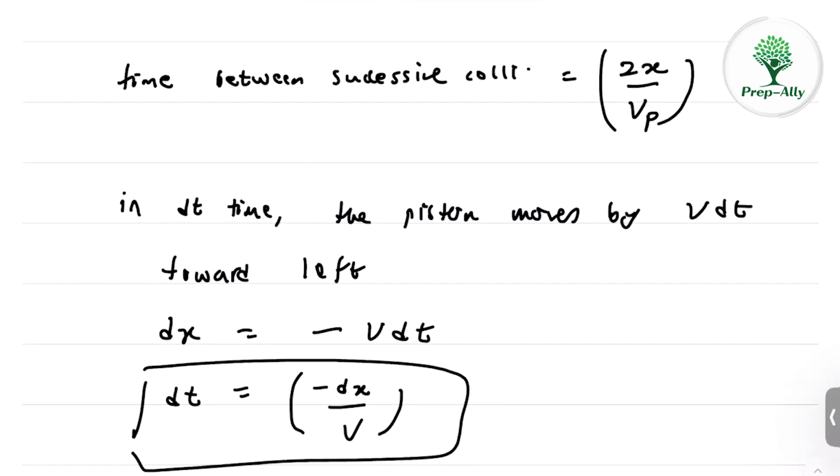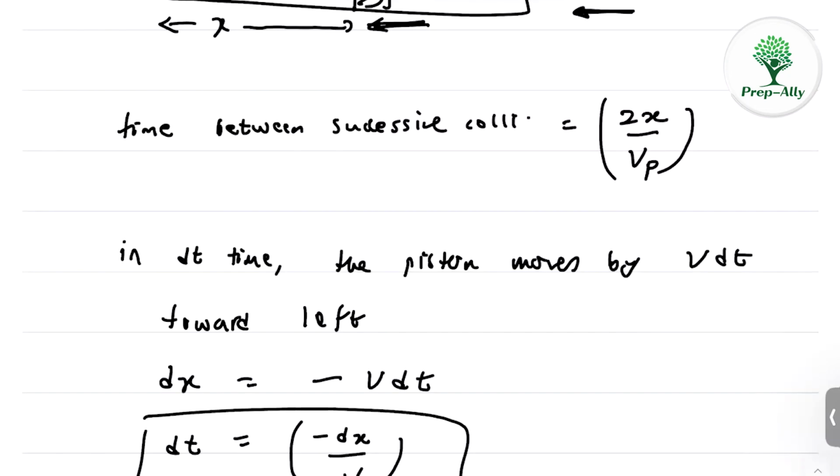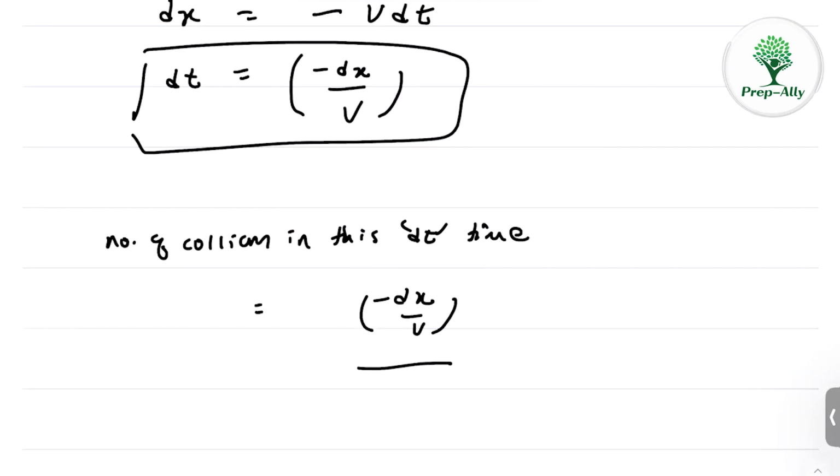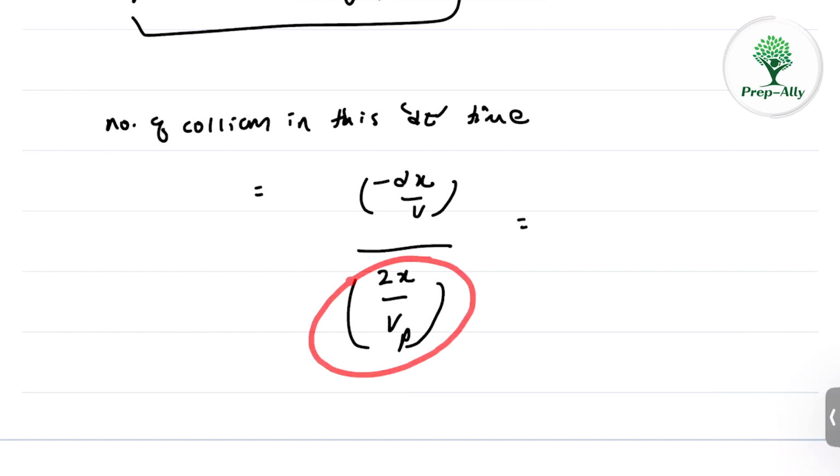And the time for one collision is 2x by vp, the time between successive collisions. This is very small and this is very big according to the question, which means by the time the piston goes a little bit towards left, the particle has covered hundreds of back and forth. So the number of collisions which has happened is vp by 2x, with a negative sign.